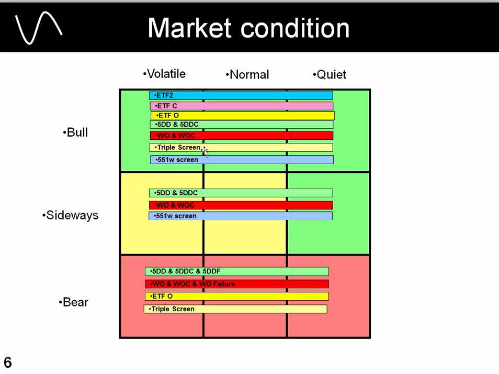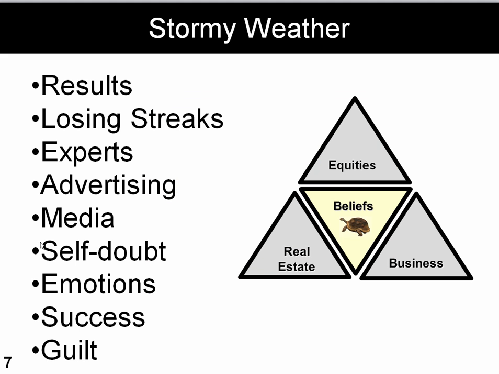Like a triple screen requires more follow-through, persistent follow-through, which you see in a bull and a bear than you get in sideways. And so the trends don't last long enough, in my view, for a triple screen to really be as effective as some of these shorter-term swing systems. So this is a way that you can tune your market condition parameters to your swing systems, and perhaps use that as an additional filter or to inform your position sizing choices.